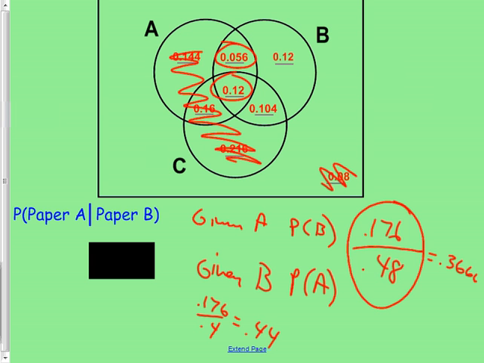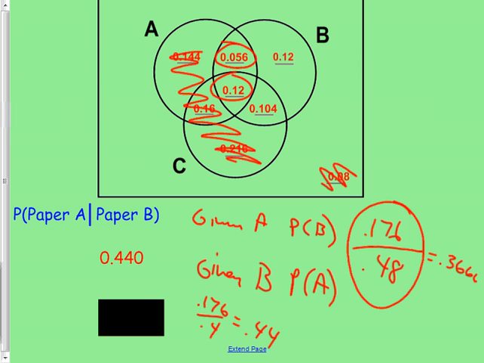Then let's see the big reveal. All right. So this teacher reads this as given paper B. I'm going to go with that because obviously the rest of the smartboard is going to be written that way.